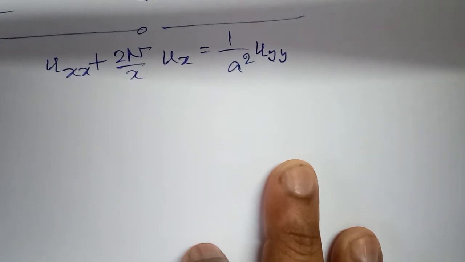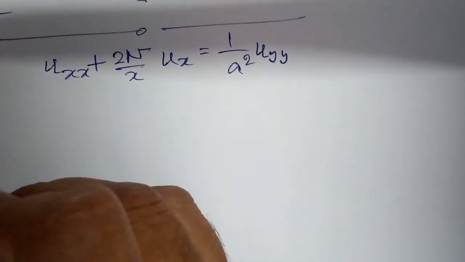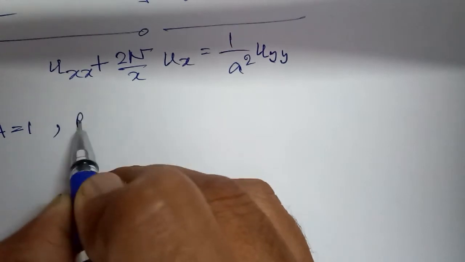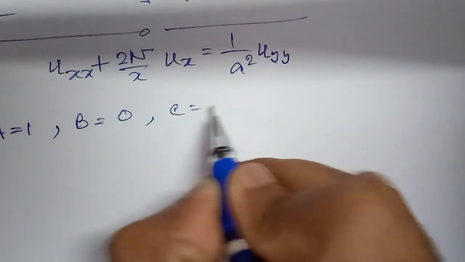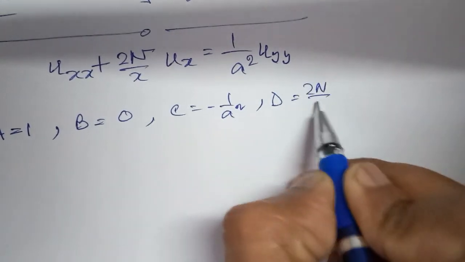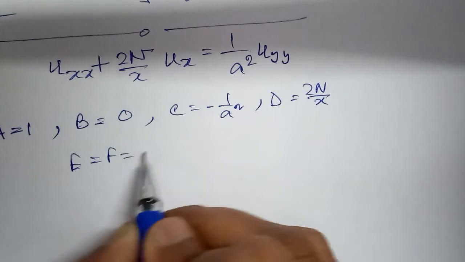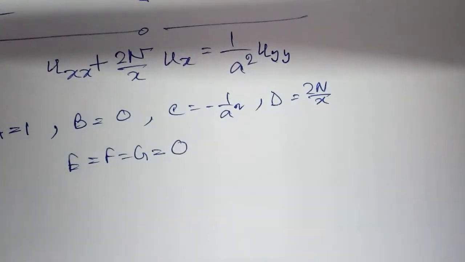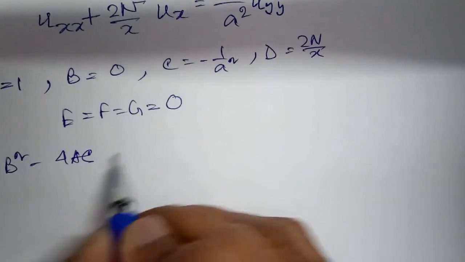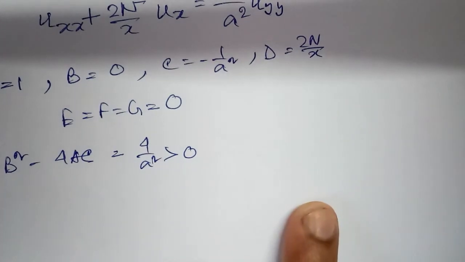So what we do, we observe that a is equal to 1, b equal to 0, c equal to minus 1 over a square, d equal to 2n over x, and e, f, g all are vanishing, so b square minus 4ac is equal to 4 over a square, which is of course a positive quantity.